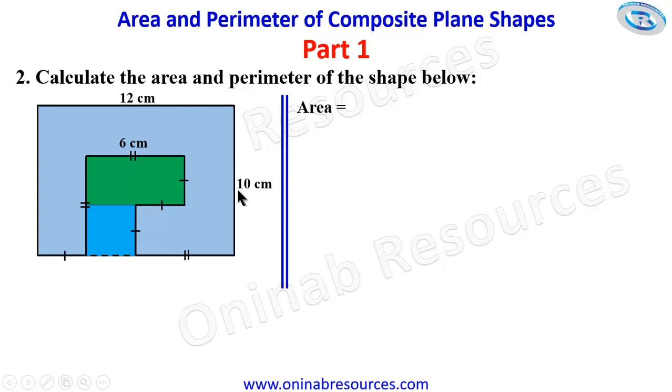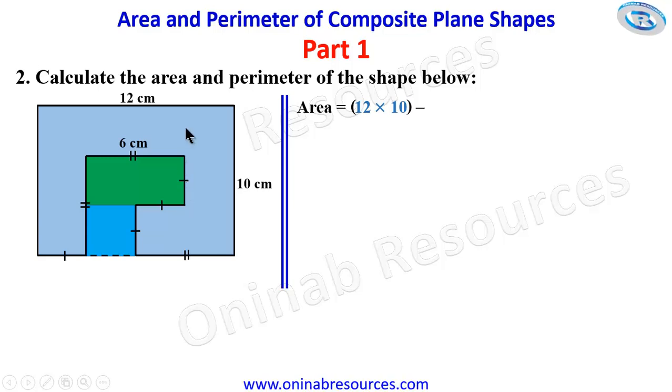So finding the area of the rectangle, we have 12 times 10, since a rectangle is length times breadth. So we have 12 times 10, that is for the entire rectangle, minus this small rectangle, 6 times. What is the value of this?